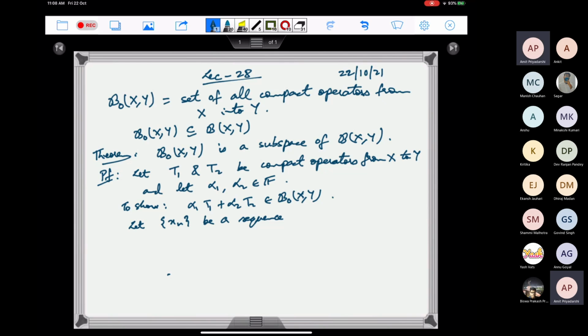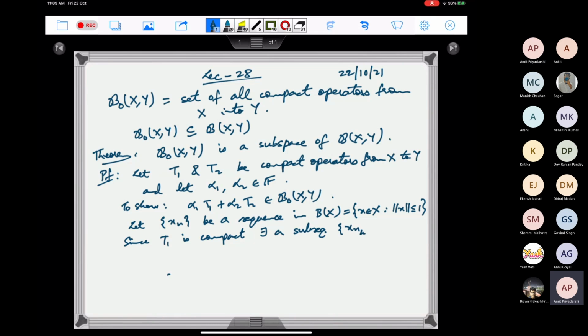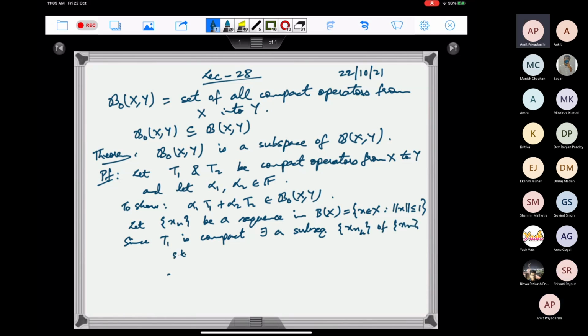Then since T1 is compact, there exists a subsequence xnk of xn such that T1 xnk is convergent.